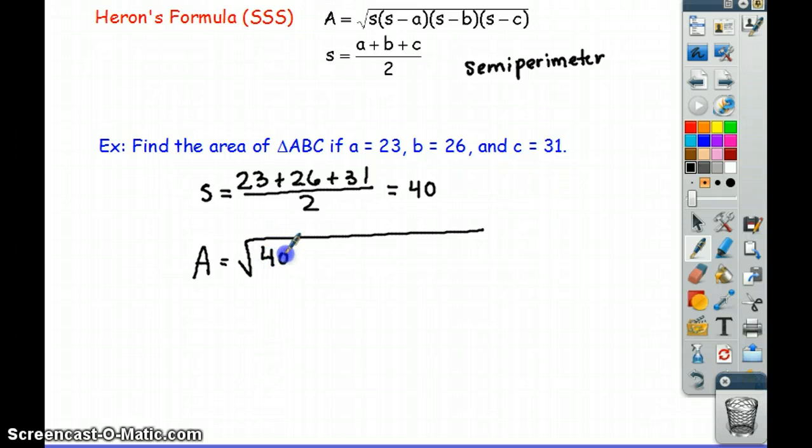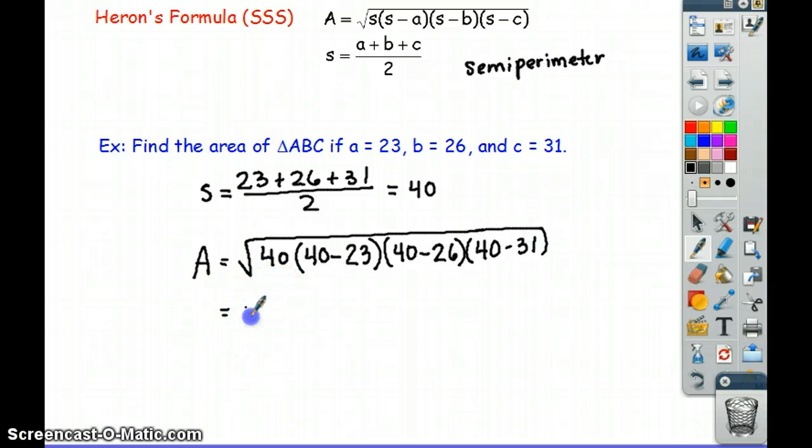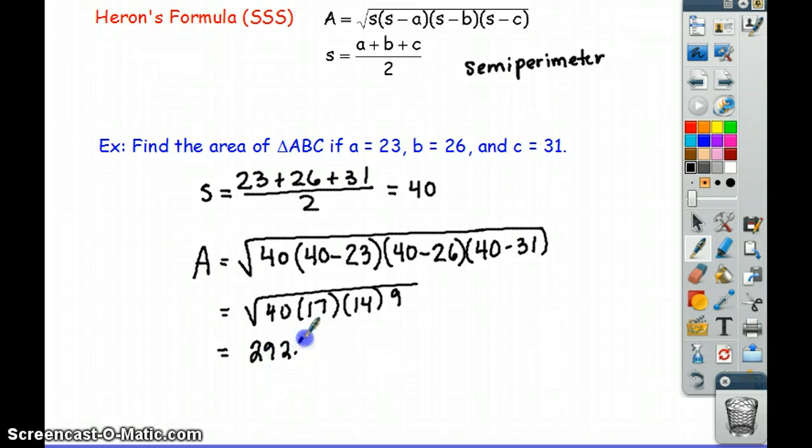The semi-perimeter times the semi-perimeter minus side A, the semi-perimeter minus side B, and the semi-perimeter minus side C. And when we multiply all those together and take the square root, we get 292.7.